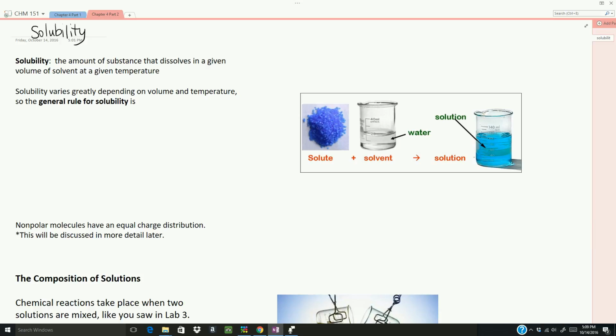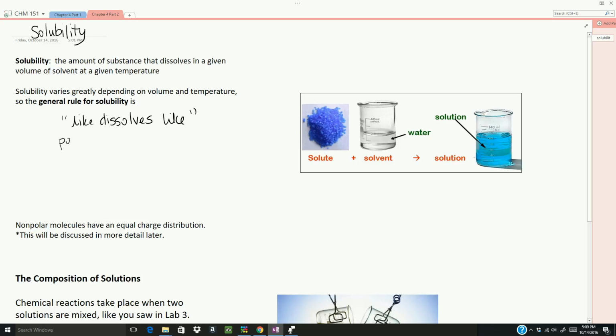So we have what's called the general rule for solubility. And that general rule for solubility is like dissolves like. So remember in the last video we talked about water being a polar molecule.